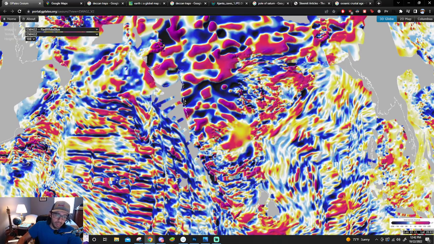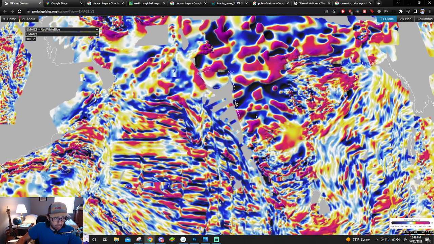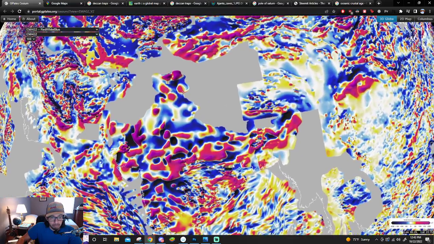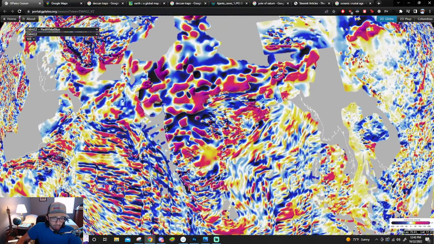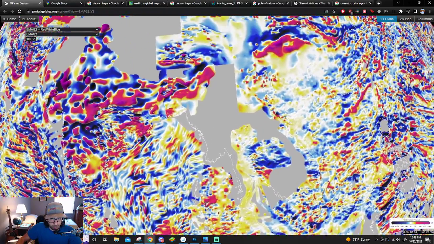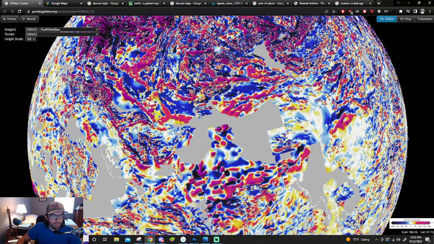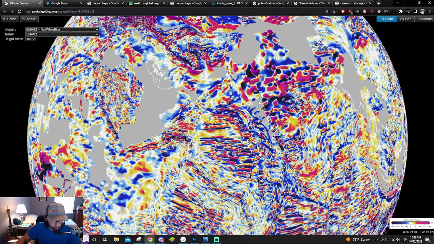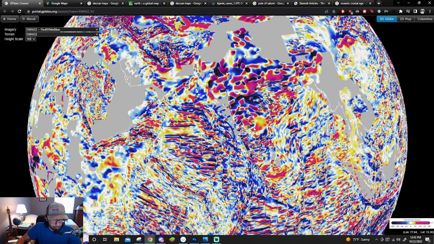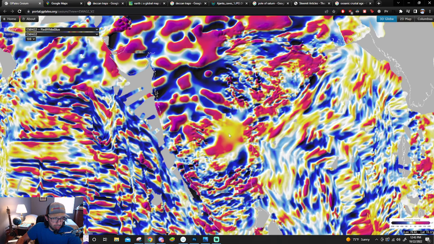So maybe, because this area is a little confusing. What's this about? It's probably some sort of particle.